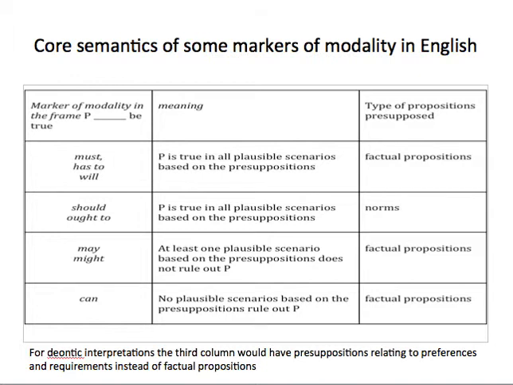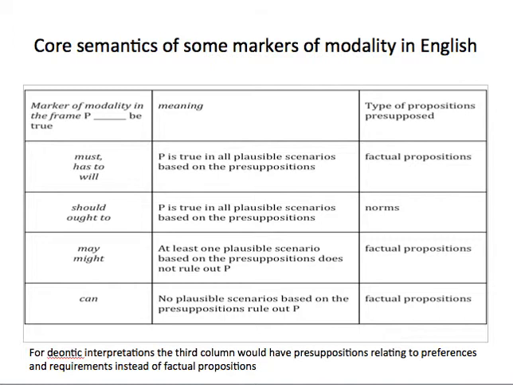This is taken from Griffiths, and what he's attempting to do is distinguish the use of modals based upon the types of propositions presupposed, which is in the third column. Must, has to, will is based upon factual propositions. Okay, the mail carrier must be on time. P is true in all plausible scenarios based on the presuppositions.